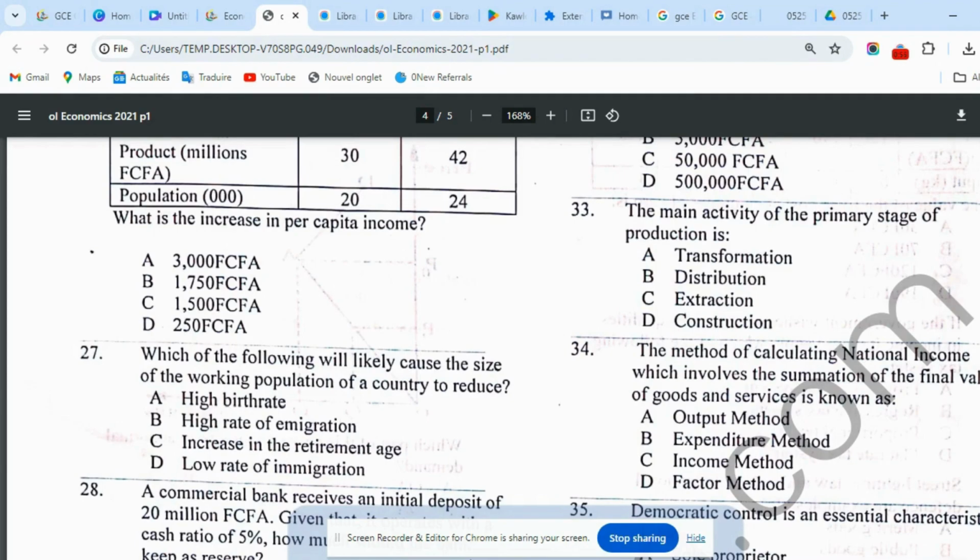That means when people leave the country, most often you find that the working population is going to reduce, because most people that go out of the country go in search of jobs, or they're going for education. So most of them are working population. That is why it will reduce in a country when there is emigration.